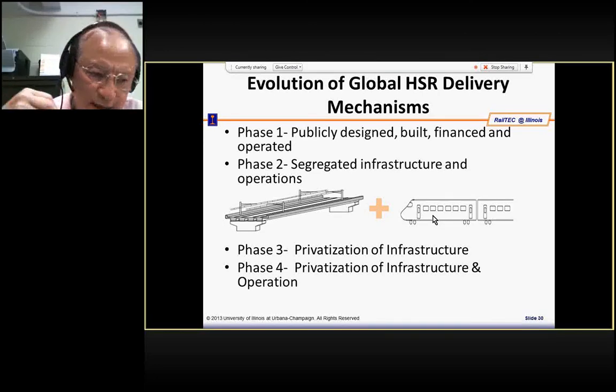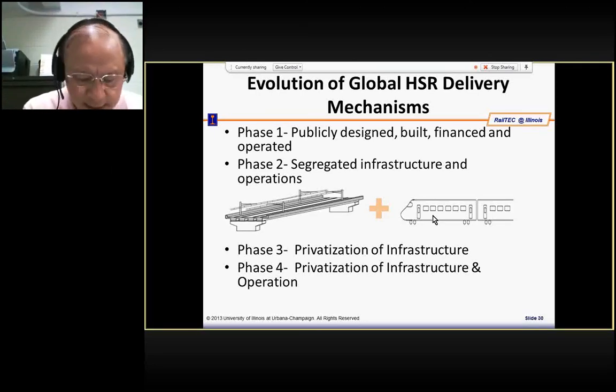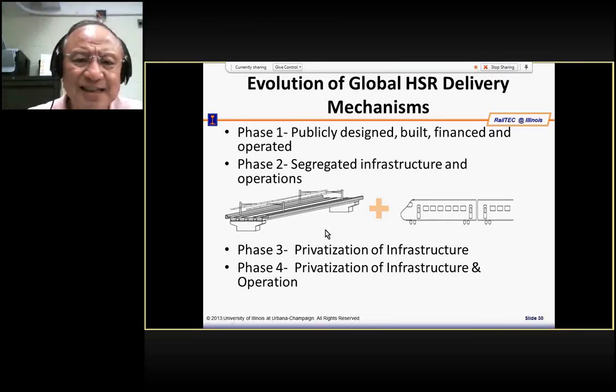Okay, so that's the liberalization of the railroad business in Europe, which also created another model of implementing the project. The government is responsible for building the infrastructure, and the operator will come in responsible for the train and the operation of the system. So that is the second model being built.